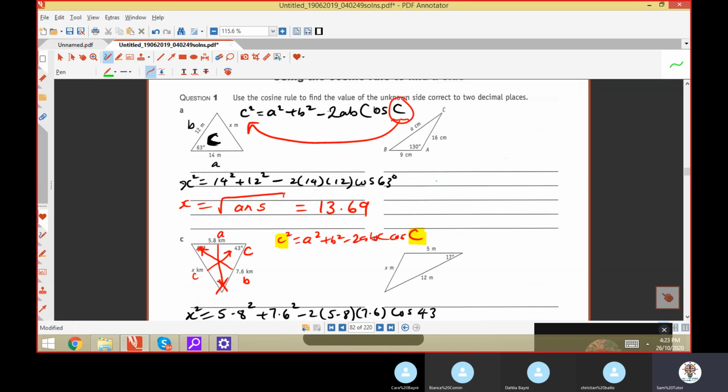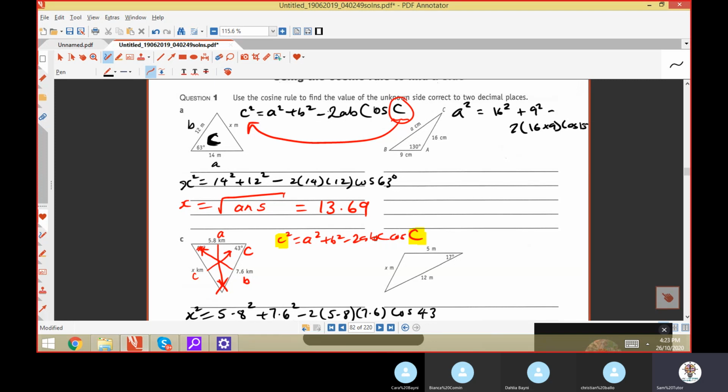So we could do a practical example, question 1b, for a good exercise. See how a is there? Just treat a as c squared. So when we do that, a squared is equal to 16 squared plus 9 squared minus 2 bracket 16 times 9 cosine 130.